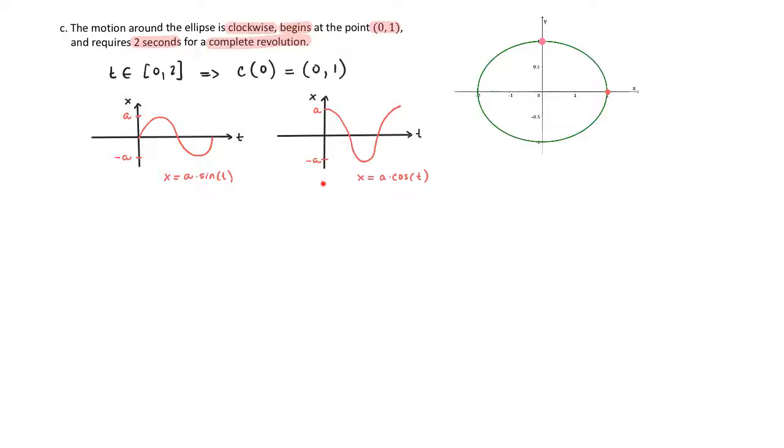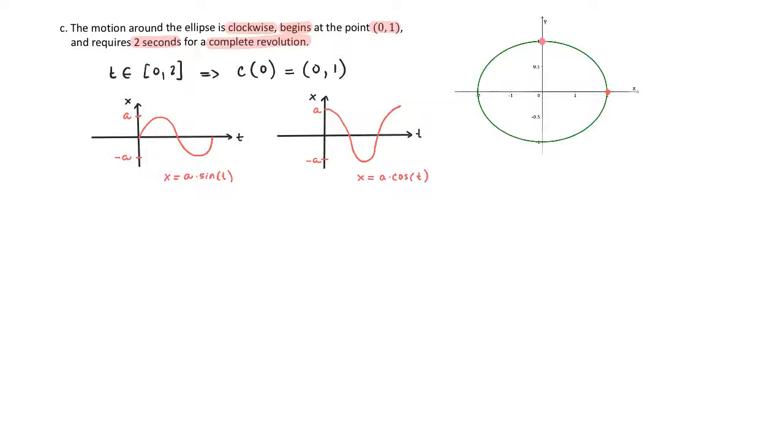If I take the cosine graph, this one right here, notice over here how, in the traditional sense, I place t along the horizontal axis, and x goes along the vertical axis. If t is equal to 0, the beginning, the x value is going to be a, exactly a, and a is equal to 2. So that takes me, I'm going to go back to the ellipse, right here.